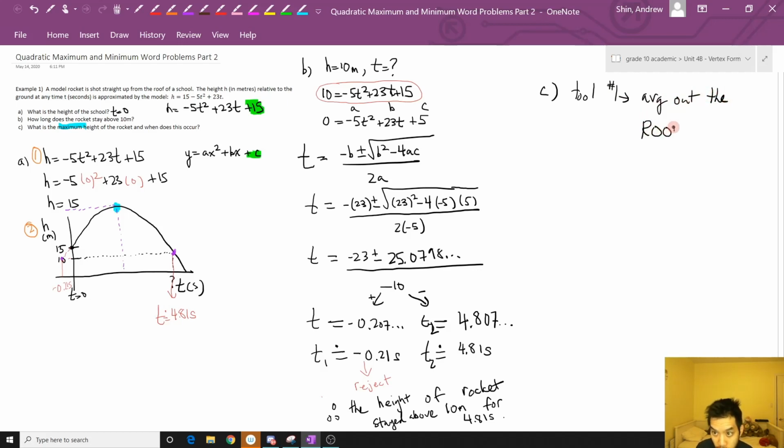These are not x-intercepts because it doesn't hit the t-axis. These are just answers to this question. These are roots. So average out the roots to find the axis of symmetry. And our second tool is to complete the square to change it to vertex form.